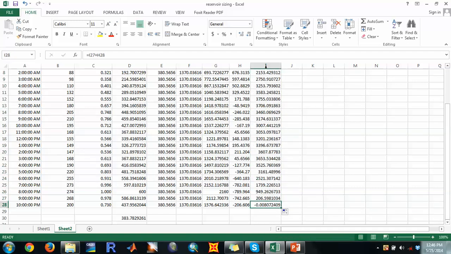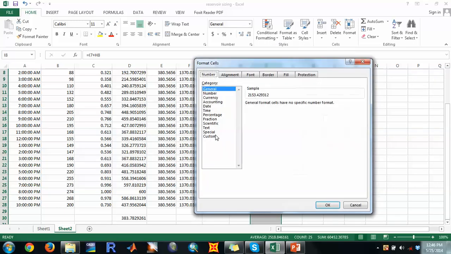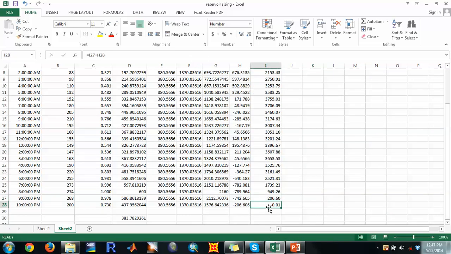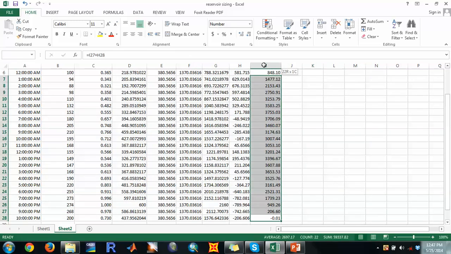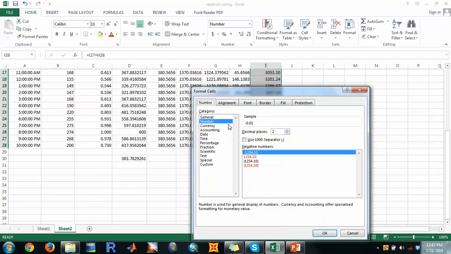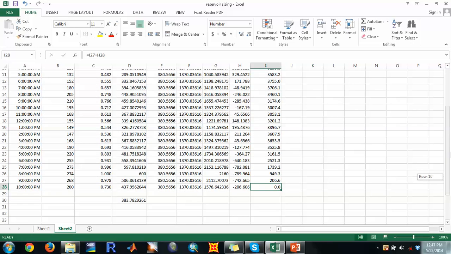So if you fix these data to 2 digits, for example, format cells, or to 1 digit, since this is a huge number, we can fix this to 1 digit.